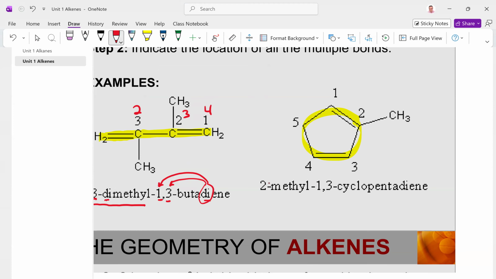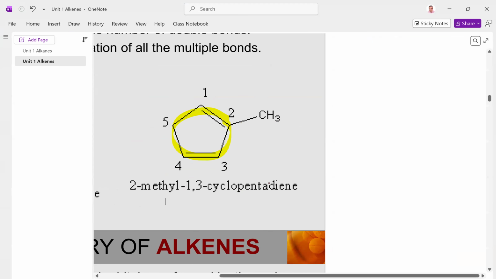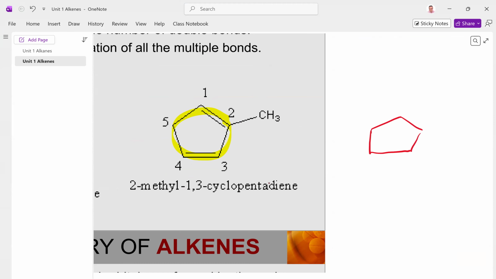So now the cyclic ones are kind of tricky. Let's do a simpler version first. Let's name this one first.